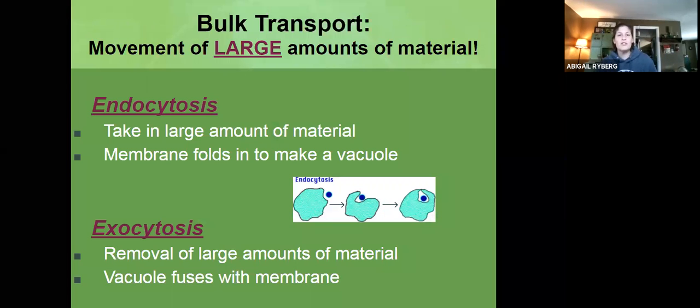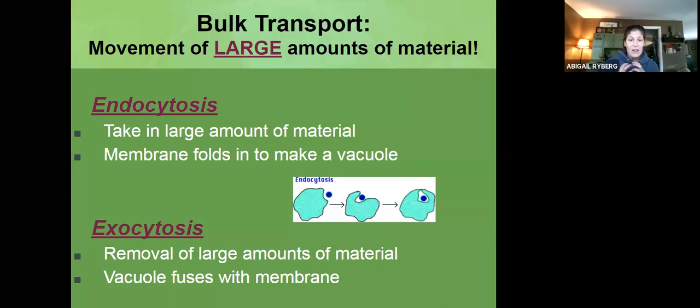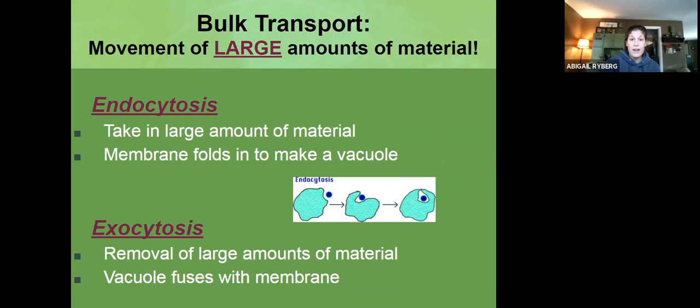There's also bulk transport. So instead of moving individual molecules through the membrane, like we've been focusing on, there is bulk transport, and this is just the movement of large amounts of material through the membrane. So we have endocytosis, which is taking in a large amount of material. And then there's exocytosis, which is removing a large amount of material.